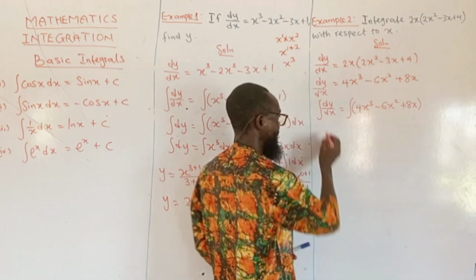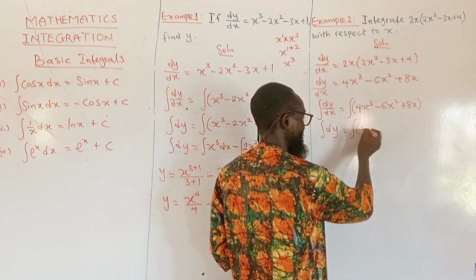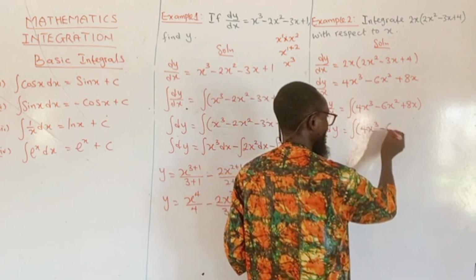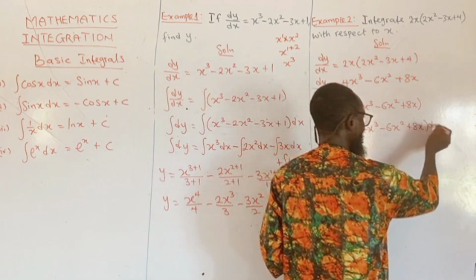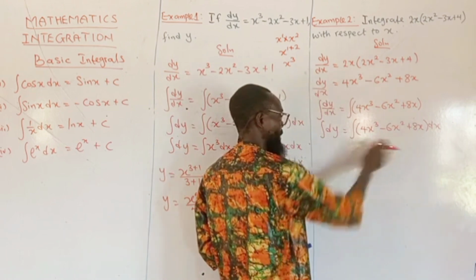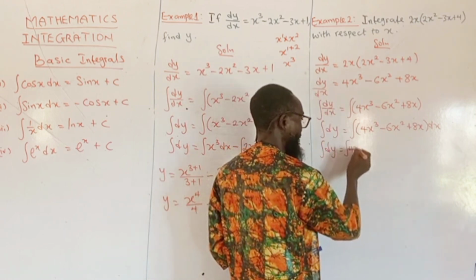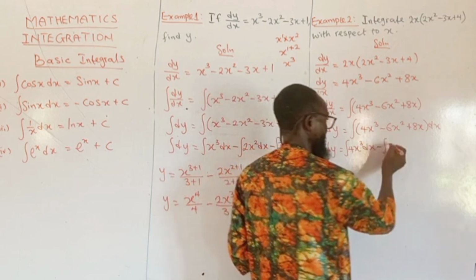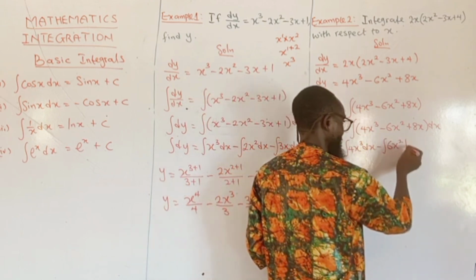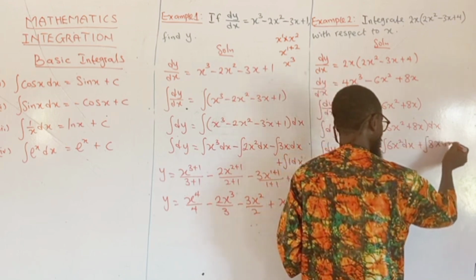Now cross multiply here: integral dy equals integral, open brackets, 4x cubed minus 6x squared plus 8x, close the bracket dx. Now let's open these brackets. Integral dy equals integral 4x cubed dx minus integral 6x squared dx plus integral 8x dx.